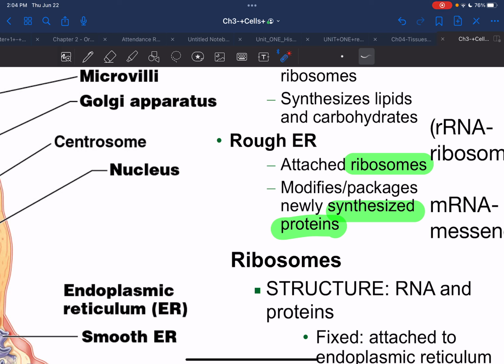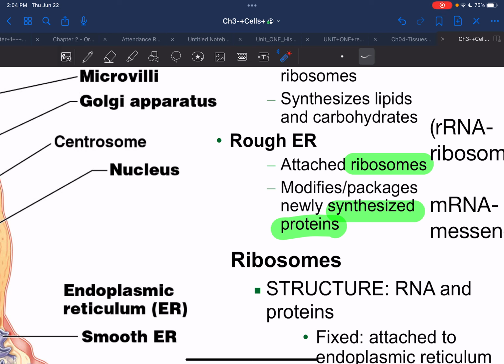And then we have how many molecular compounds? We have 4. Nucleic acids, DNA. Where do we find DNA? Nucleus. So we don't care about it anymore. We already know where it is. So now we're left with 3: carbohydrates, proteins, lipids. Of the two types of ER, which ER deals with proteins? Rough, so that gets rid of this one. Now we're left with 2. And so what synthesizes lipids and carbohydrates? The smooth ER.